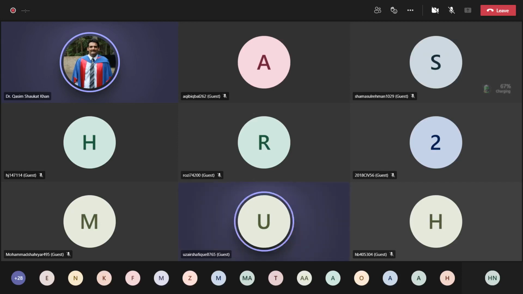Sir, whiteboard is not visible. वो error आ गया. Just a moment, please. Just a moment. Cannot display the content. We could not start the presentation. Let me do it again. मेरे पास भी error आ गया.